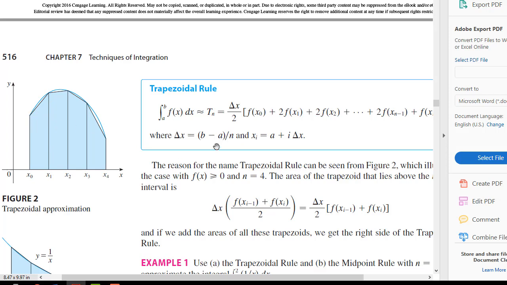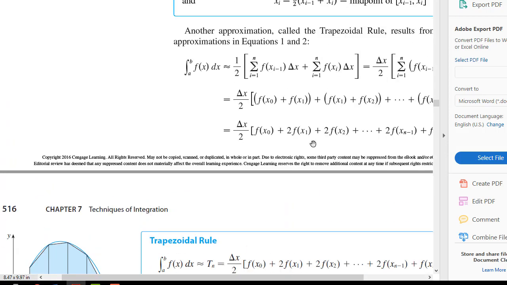So geometrically speaking, what's the height of this trapezoid? The area of a trapezoid is we're going to take this side plus this side and divide by 2. So we're going to take this height, and we're going to average them. And then we multiply by the delta x.